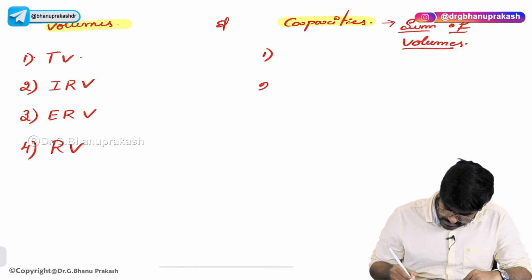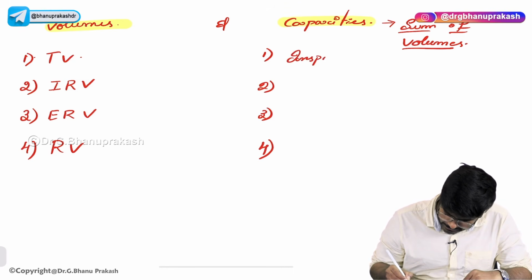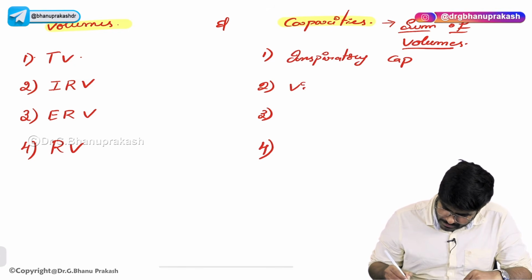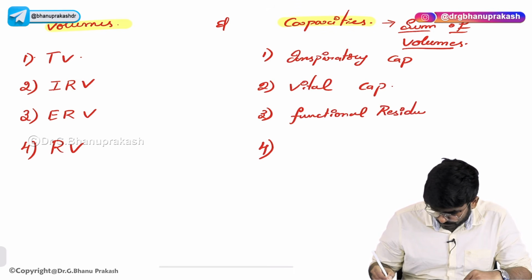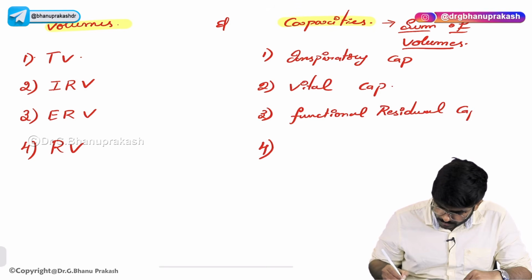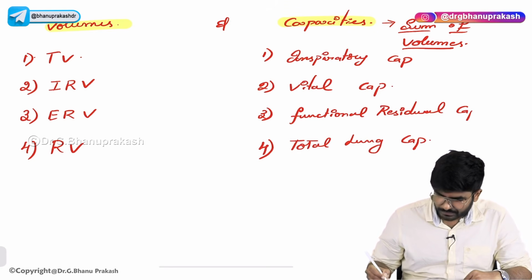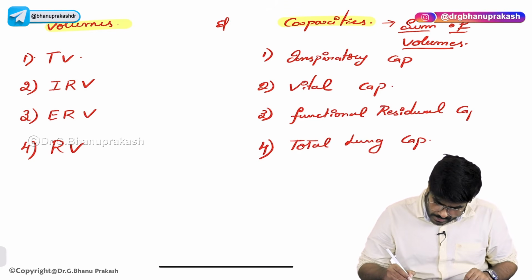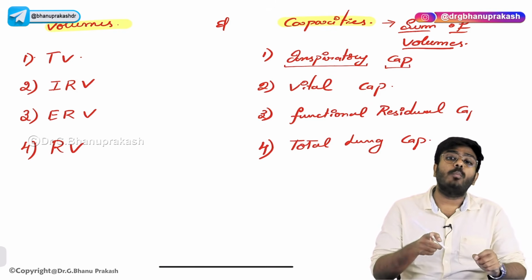There are 4 types of capacities: inspiratory capacity, vital capacity, functional residual capacity, and total lung capacity. I have already taught you capacities are nothing but addition of 2 or more lung volumes.